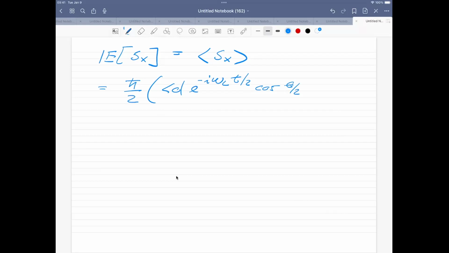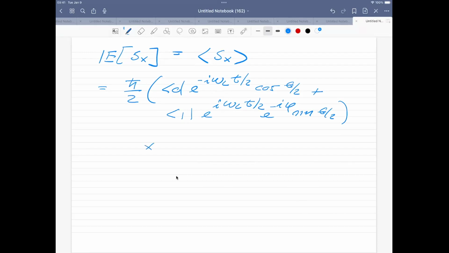So that's that part. And then I have the plus, and then I have the state 1. And this is now a state which has e to the i omega L t divided by 2, and then I have the term here, which comes from the other angle, and a sine of theta half here. So that's this part. And this is then multiplied with the sigma x matrix.